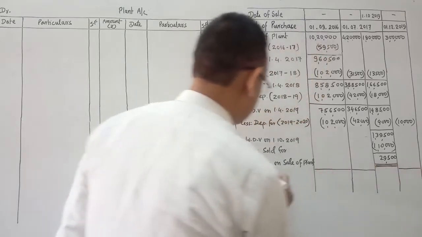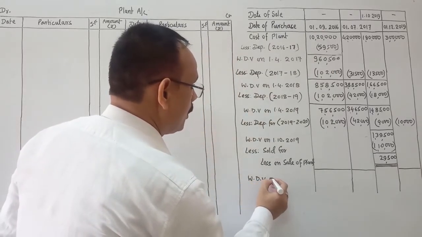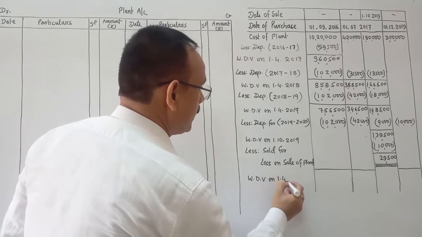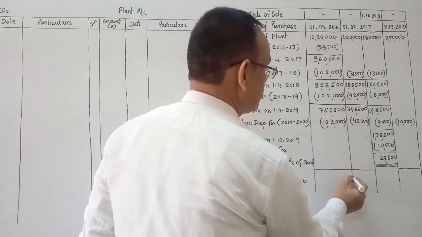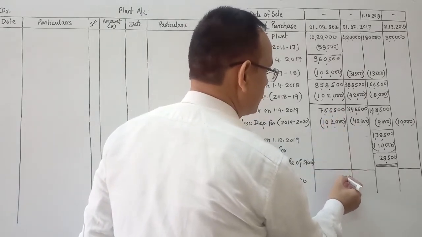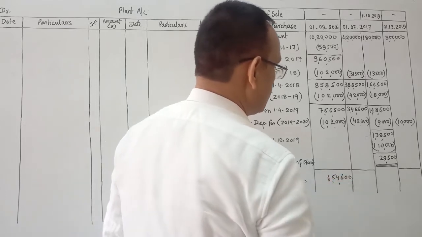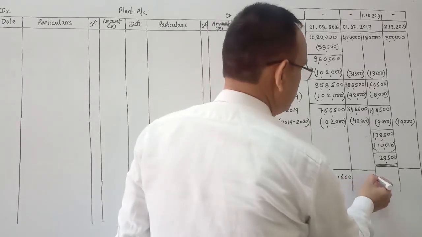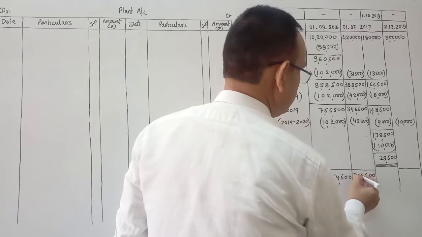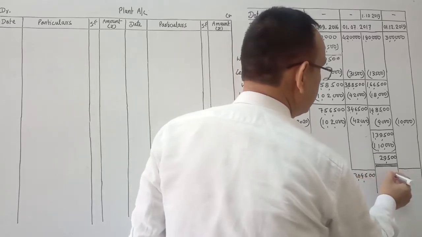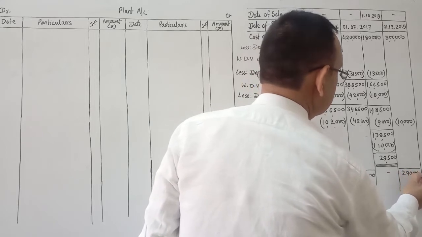Now we will find out the written down value on 1st April 2020 on the rest of the machinery which is in our hand. So it is 6,54,500, 3,04,500, and this is 2,90,000.